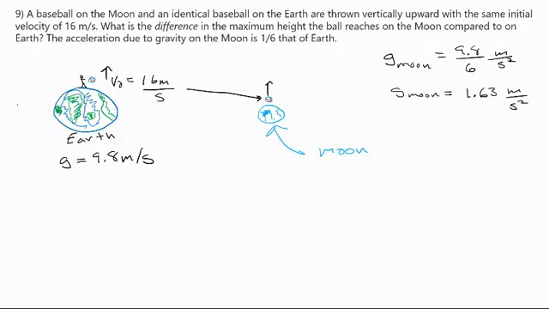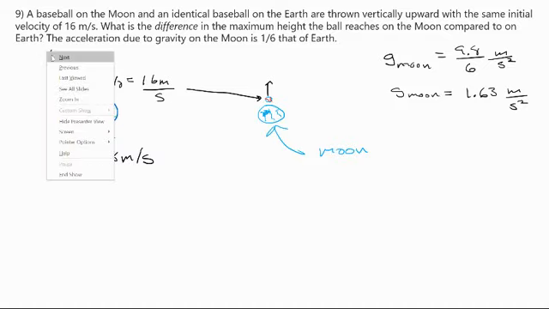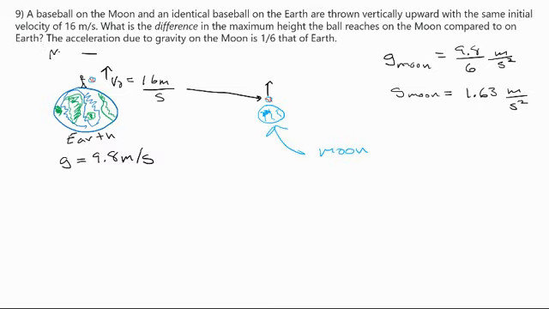All right. So then the ball reaches a maximum height here on Earth. At the maximum height, think of the ball. Think of the rockets when we launched the rockets.